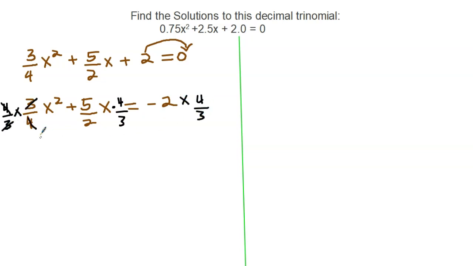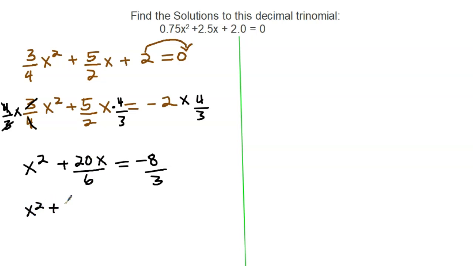If we do that, 3 over 4 times 4 over 3 is 1, so we are left with x squared. Here we multiply, we got 20x divided by 6 equals negative 8 over 3. Here it's divisible, 2 goes here, 2 goes here, so let's simplify it so that the work will be easier.